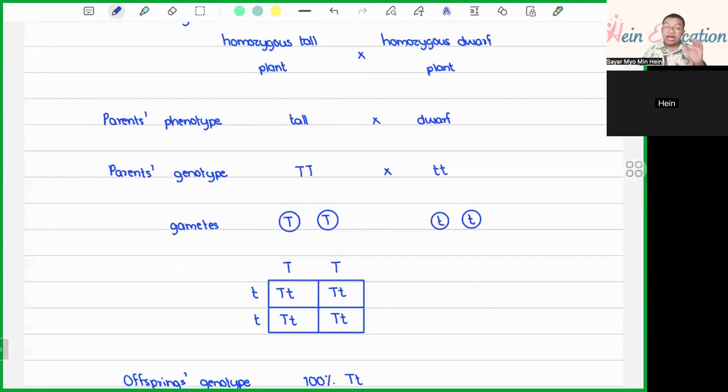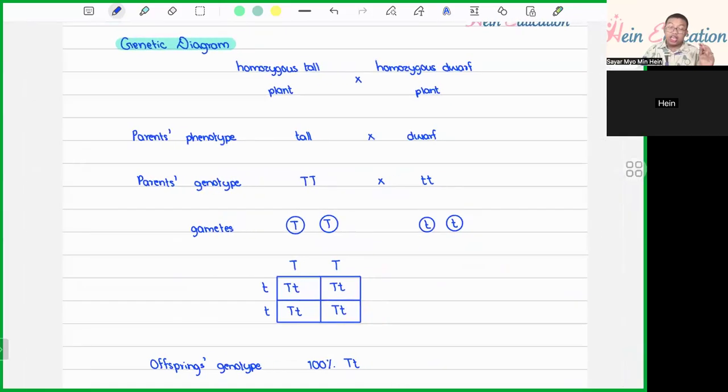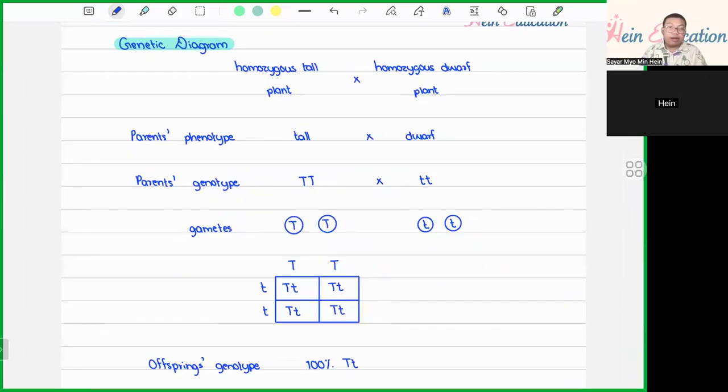So this is the way you should be doing genetic diagrams and genetic calculations, very neat and tidy. It makes it simple and clear, for you to check again as well, after you finish doing the calculation, right?